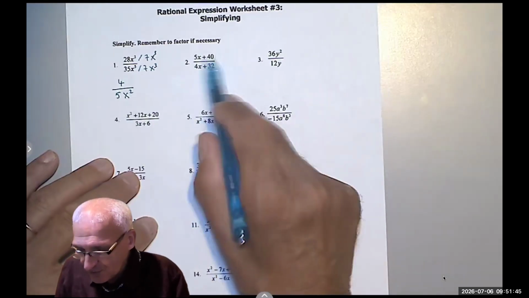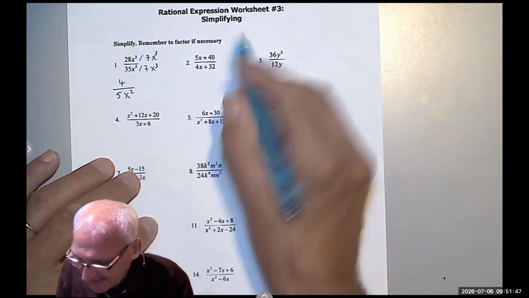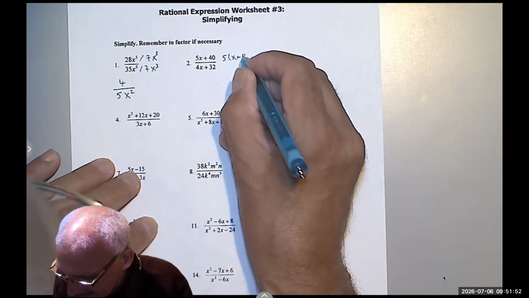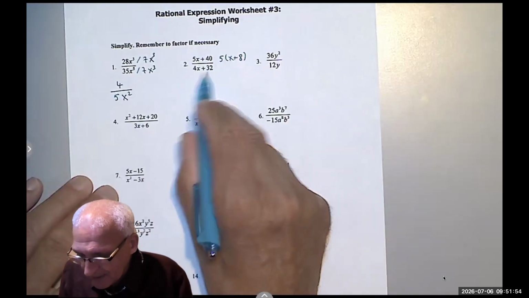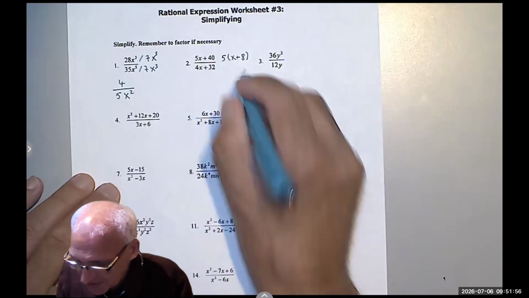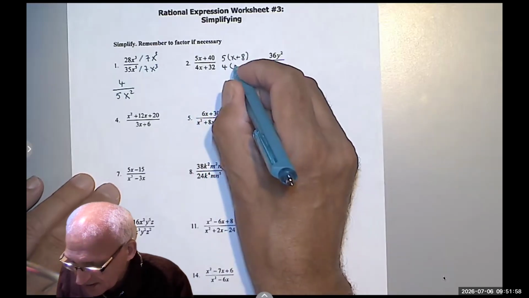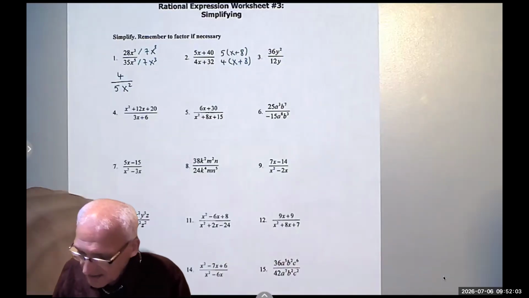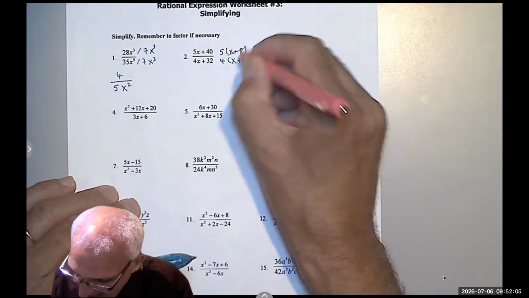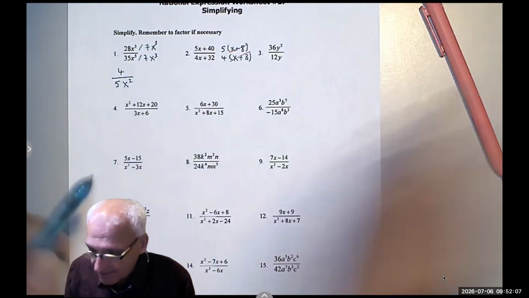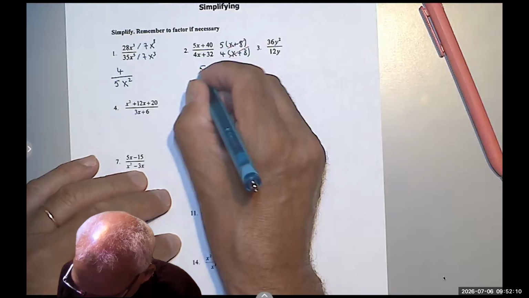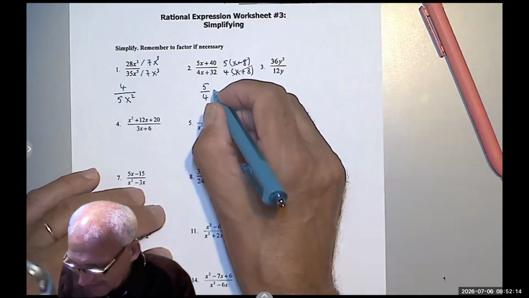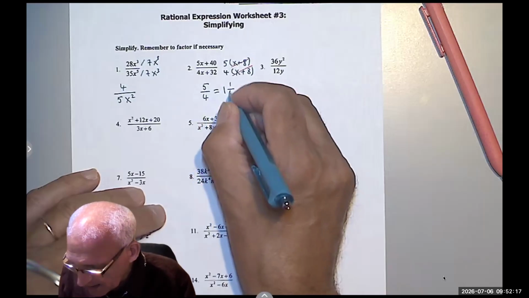But if I look at those numbers, I see that I can factor this as 5 times x plus 8. And I can factor a 4 out of the bottom, and that would make it 4 times x plus 8. And now I can divide by x plus 8 top and bottom, and the answer would be 5 over 4. Or if you don't like improper fractions, you can write it as 1 1/4.